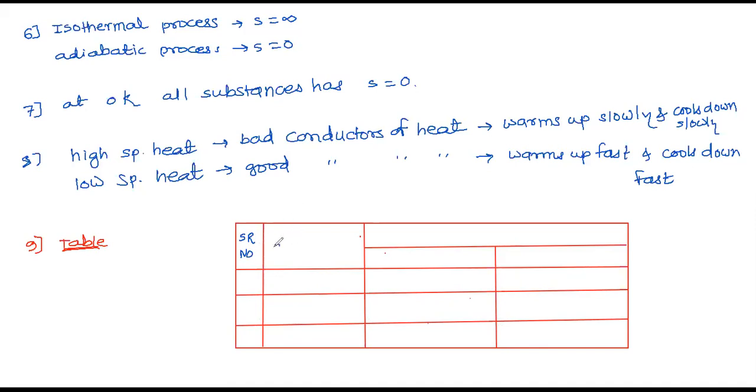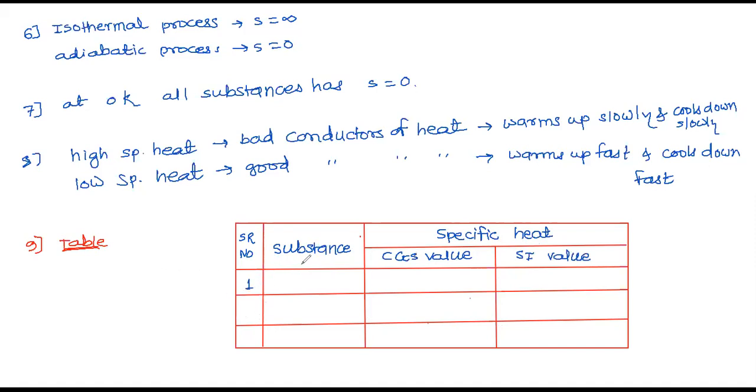Next column is for substance. This one is for specific heat, first the CGS value, and here the SI value. Okay, just keep it in mind while problem solving, it will be useful for you.